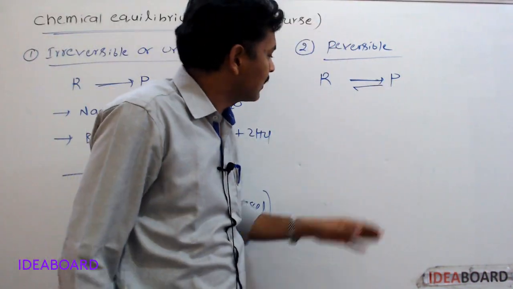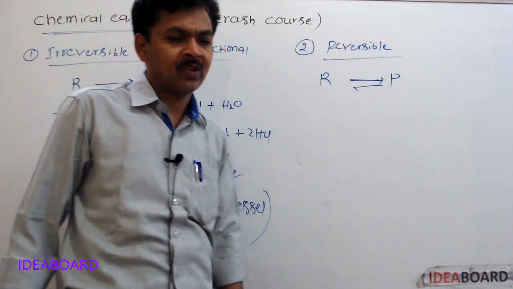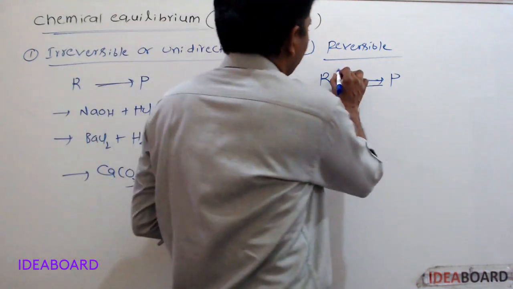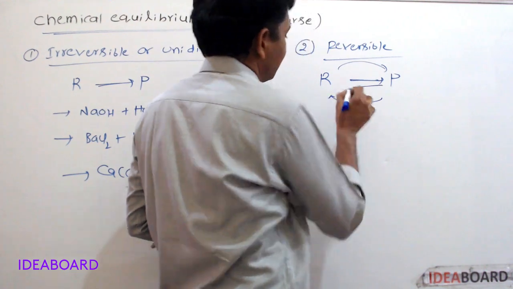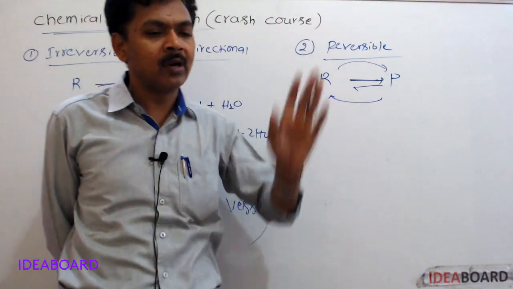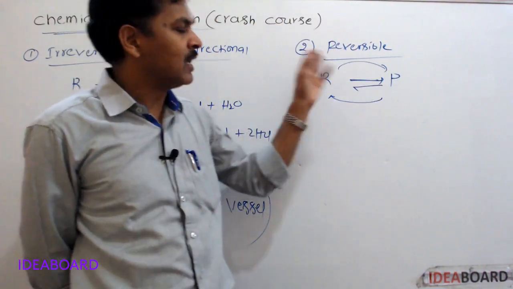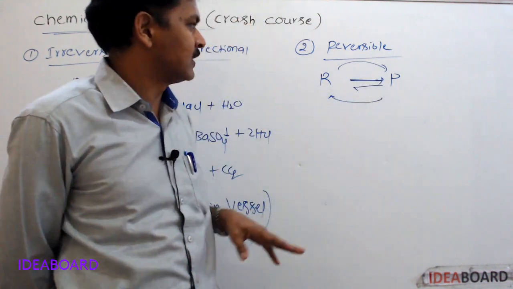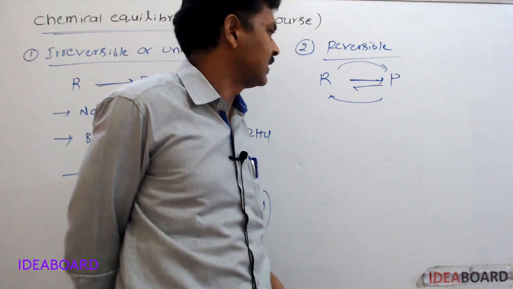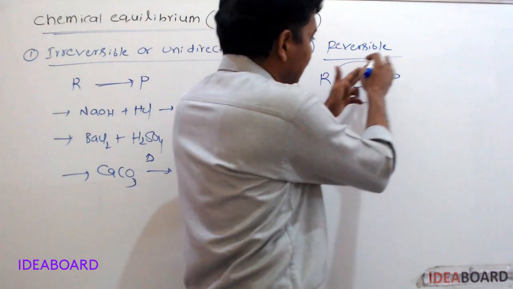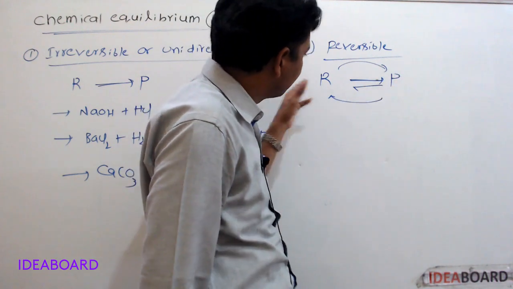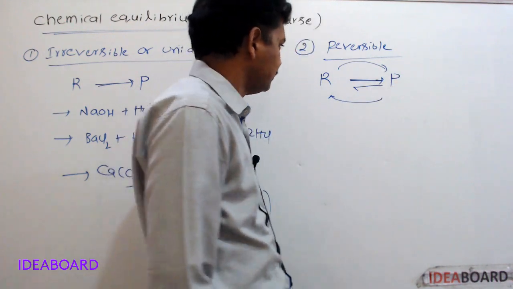That kind of reaction is called a reversible reaction. Chemical reactions which can take place in both forward and backward directions are called reversible reactions. Conversion of reactants into products is called the forward reaction. Conversion of products into reactants is called the backward reaction.